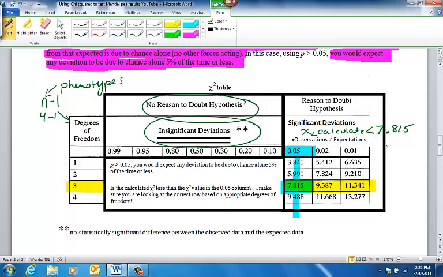If the chi-squared value is greater than 7.815, or greater than or equal to 7.815, then we have reason to doubt our hypothesis. There's significant deviation, and the observed counts of the yellow smooth, the wrinkled yellow, the smooth green, and the wrinkled green do not match with our expected values based on our Punnett square that showed independent assortment.